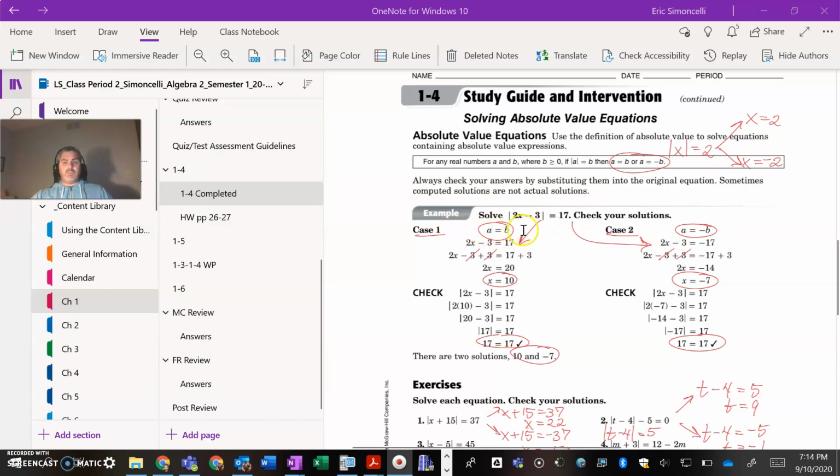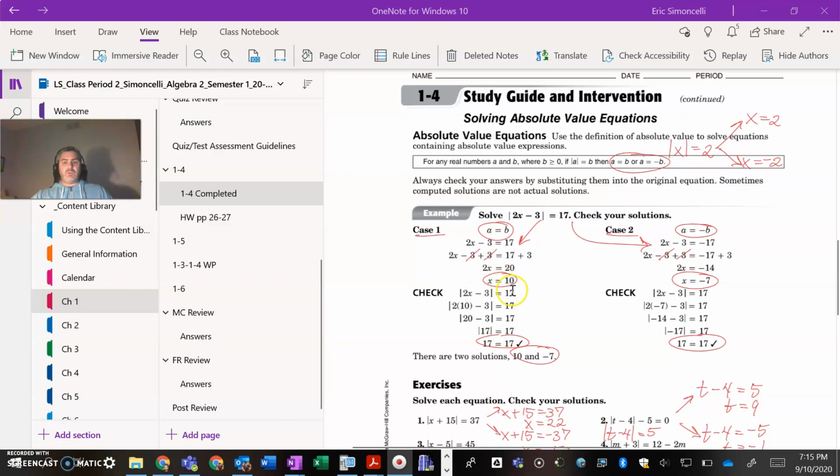Example: solve the absolute value of 2x minus 3 equals 17, and we're going to check our solutions. Case 1, when a equals b, we set 2x minus 3 equal to 17. If we add 3 to both sides of the equation, it cancels on the left side nicely. So 2x equals 17 plus 3, so 20.